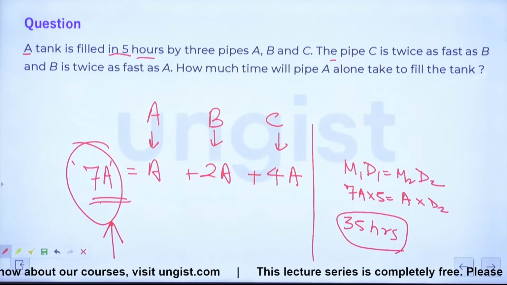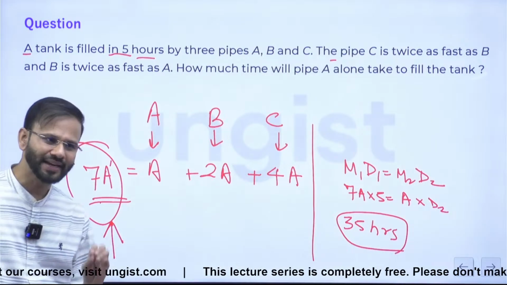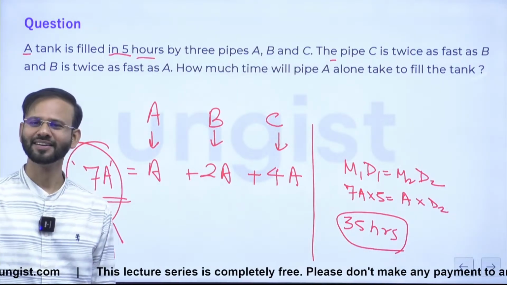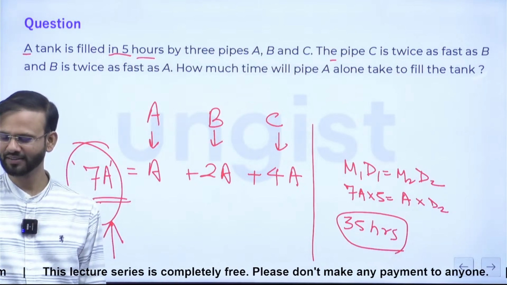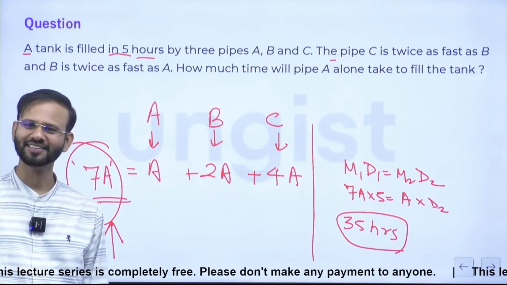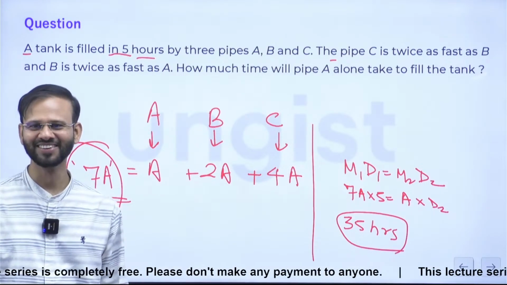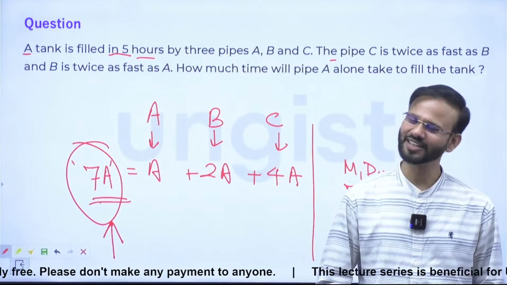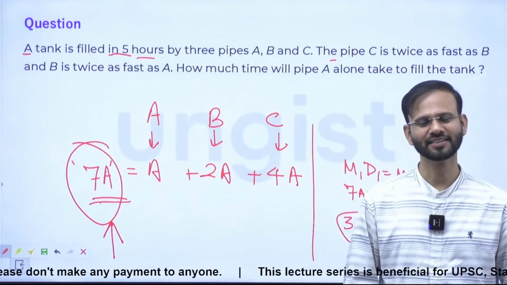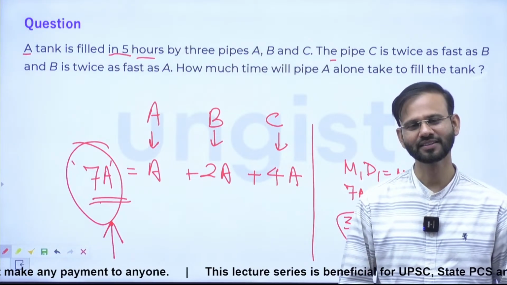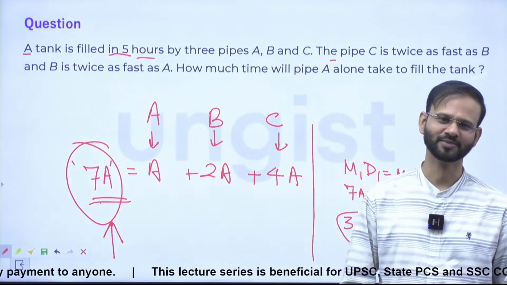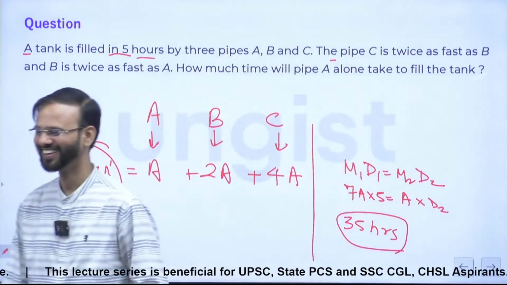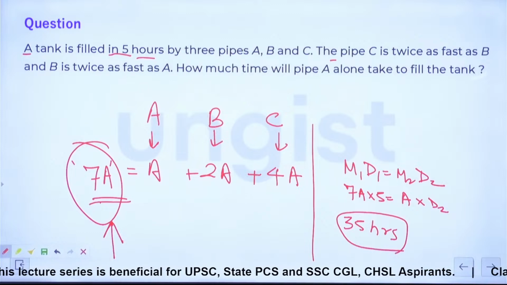Everybody clear now? Guys, any doubt, any confusion, any query? Vishali, what happened? I needed ratios, 1:2:4, but I divided 7 by the capacity of the tank as 1, then I got just 7. All right.